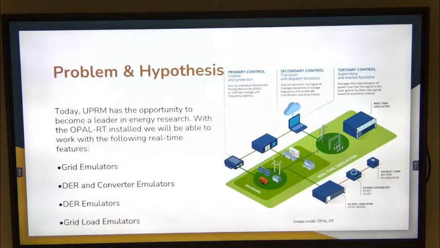For our problem and hypothesis, today our university has the opportunity to become the leader in energy research, thanks to the OPAL-RT simulator that can emulate inverters, the grid by itself, and loads, and as my teammate said, it can emulate the entire island.